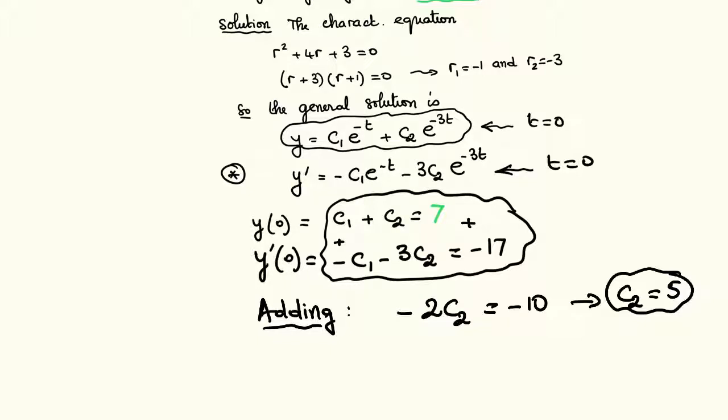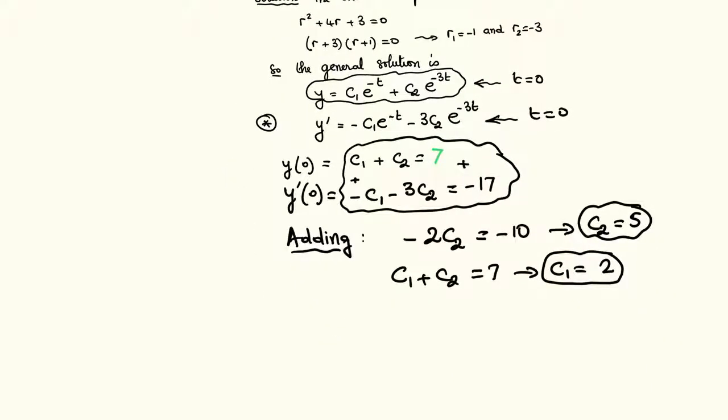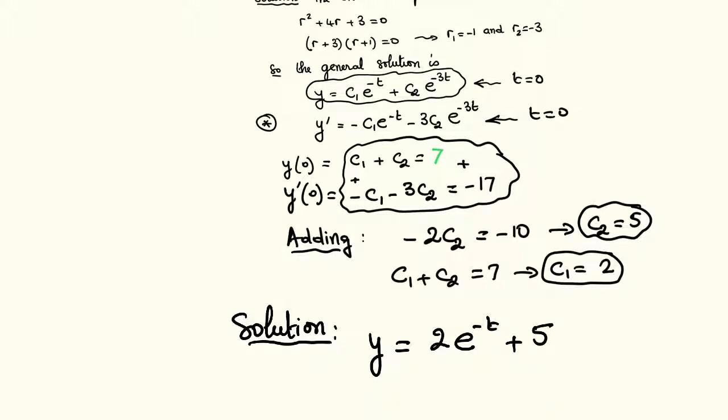And then we substitute. We know that c1 plus c2 is 7, so c1 is actually equal to 2. And therefore, the solution of our initial value problem is y equal 2e^(-t) plus 5e^(-3t).